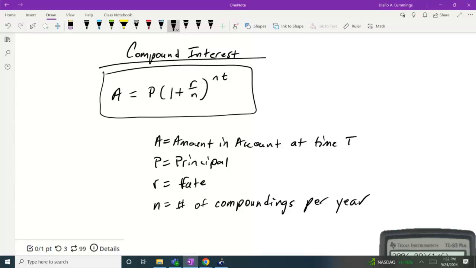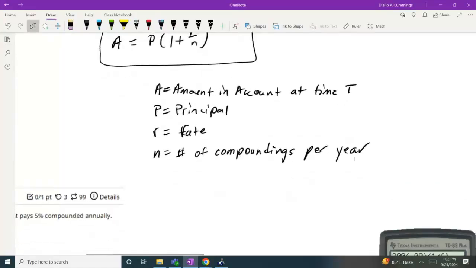Compound means the interest kind of turns over on itself. In these compound interest problems, they will give you the number of compoundings per year. If the number of compoundings per year is annually, n is going to equal 1.